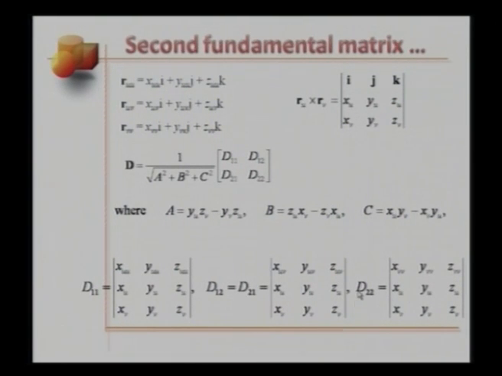And of course, the fourth element D22 here is the determinant of x_vv y_vv z_vv, x_u y_u z_u, x_v y_v z_v. So in a sense, if the surface patch is given as a function of u and v, as I said before, the second fundamental form can be computed using this algebra.